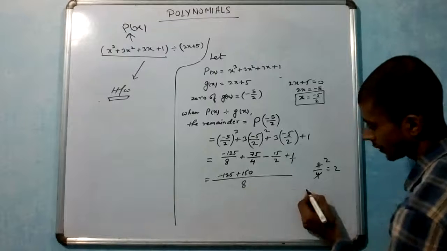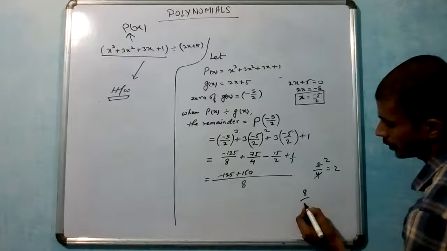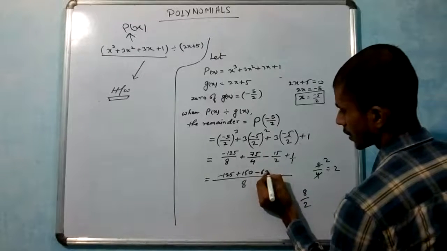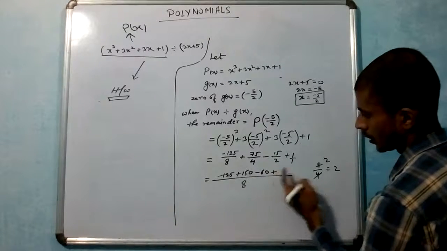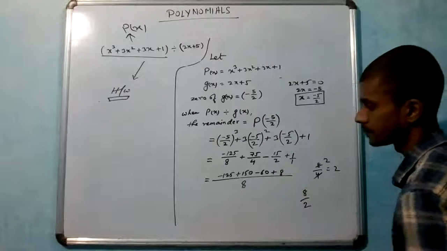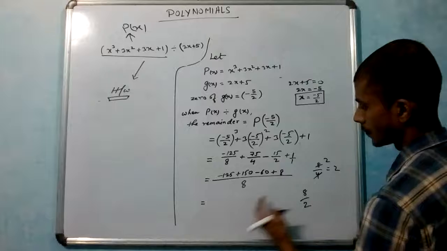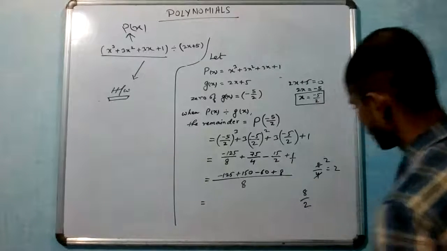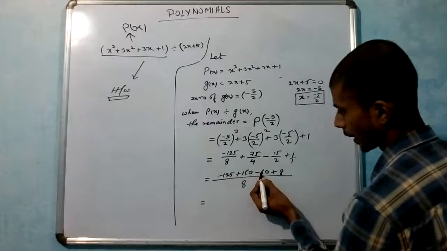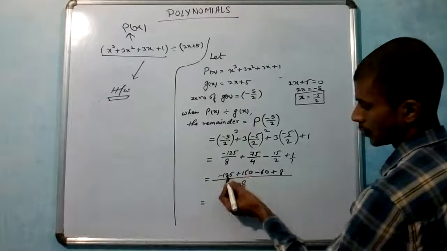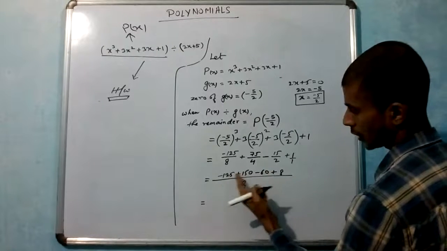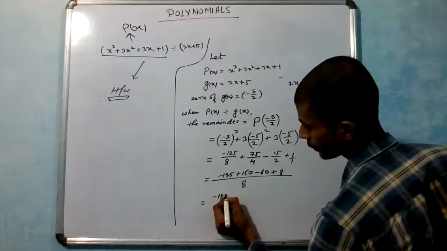Then again divide this LCM by 4. 4 into 15, 60. Minus 60. And plus, divide this 8 by 1. 8 will come. 8 into 1, 8. Come on. Minus and minus together, both are from the same family. So how much? 60 and 20, 80, 185, minus 185.